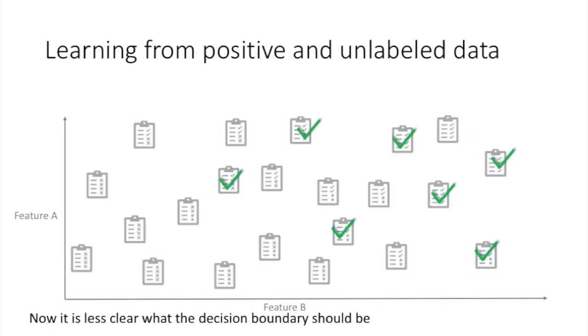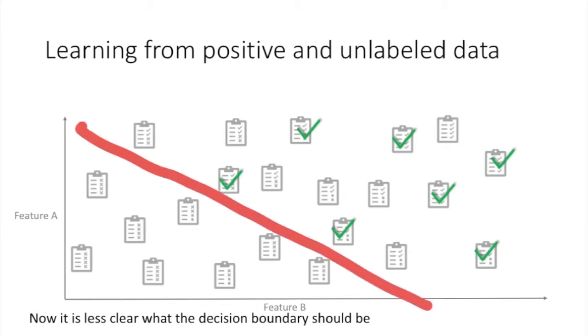Now that the colors which indicated the true class labels have disappeared, it's much less clear how to find the decision boundary. One way to draw it would be like this, because then we include all of the positively labeled examples on one side. So we say, yeah, probably that will be the positive class. However, because it's less clear how to choose it, we could also do something more simple and just split on one feature.